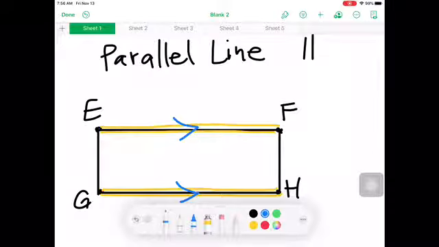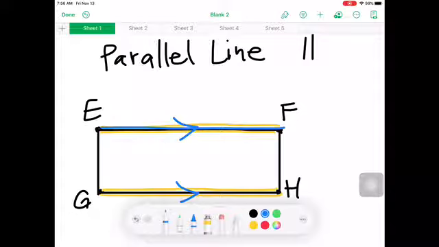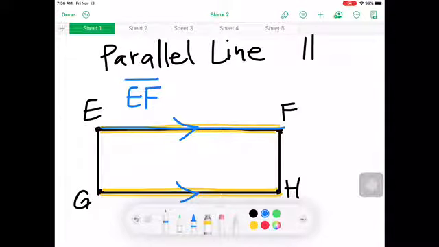To label these, we need to identify the lines and use the correct symbol to signify their relationship. So in this example, I'm going to continue with the blue. As we mentioned a couple times, we have line segment EF. To write that in simple terms, EF with the line over it.